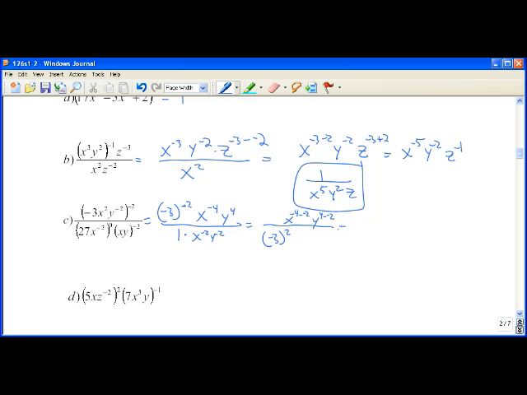So that gives us x to the negative 2 on top, y to the positive 6 on top, over 9, because negative 3 squared is 9. So y to the 6th over 9x squared.